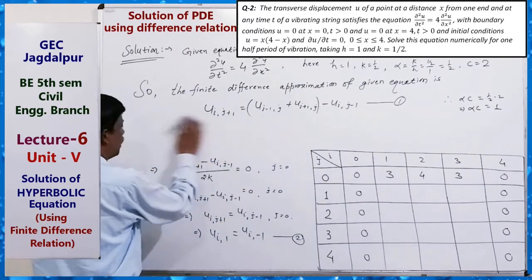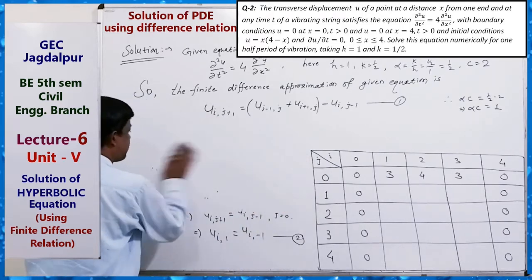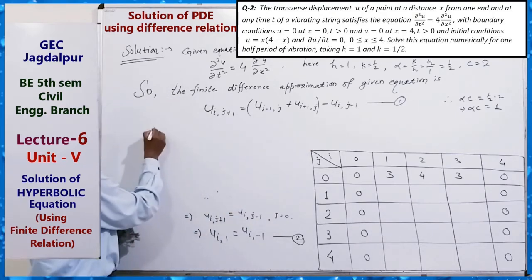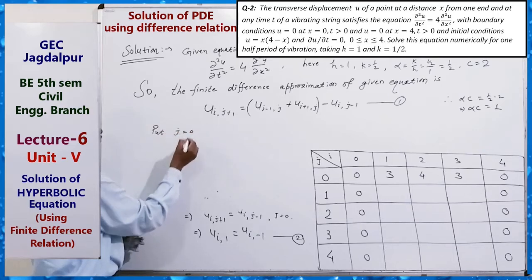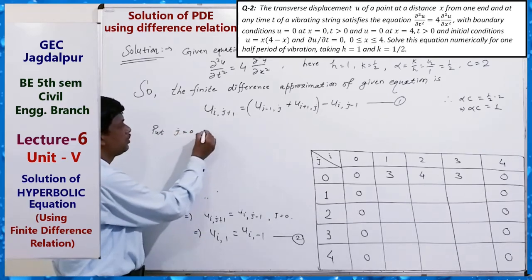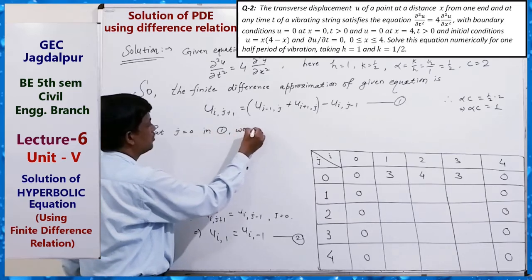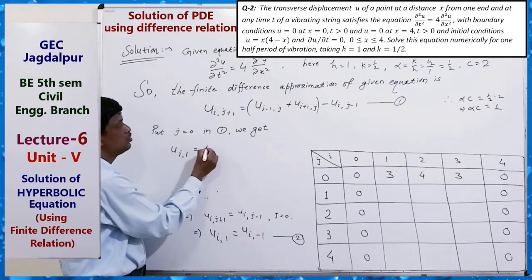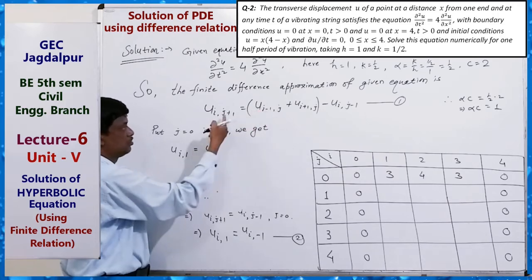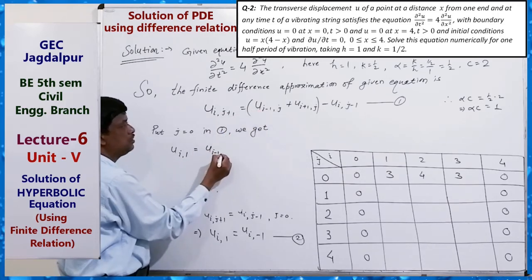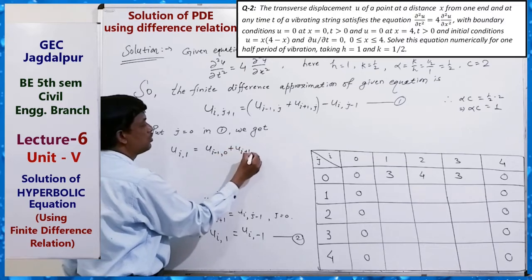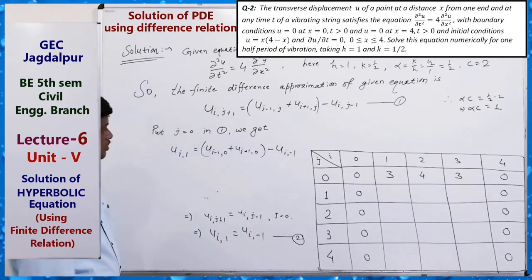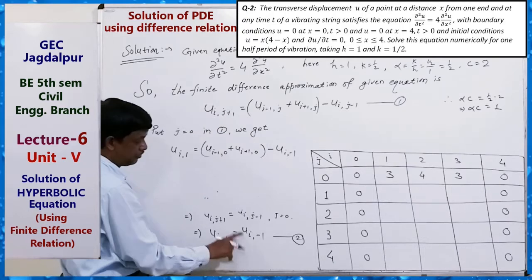So put j equals 0 in 1, we get u_i1 equals u_i-1,0 plus u_i+1,0 minus u_i,-1, and here use this value.